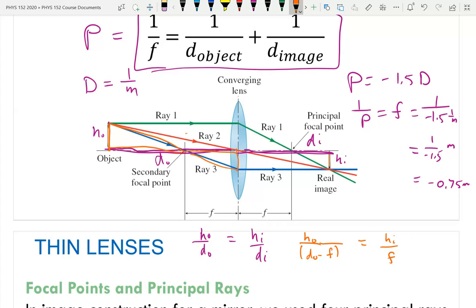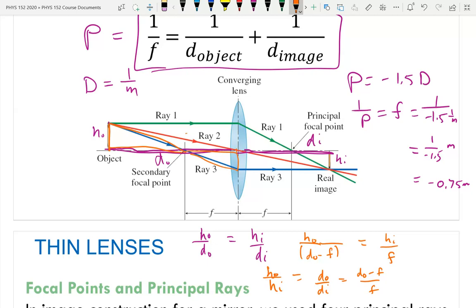So now I have two relationships between height object, height image, distance object, distance image, and focal length. And what I like to do is just to say height object over height image is equal to distance object over distance image equals distance object minus f over f.